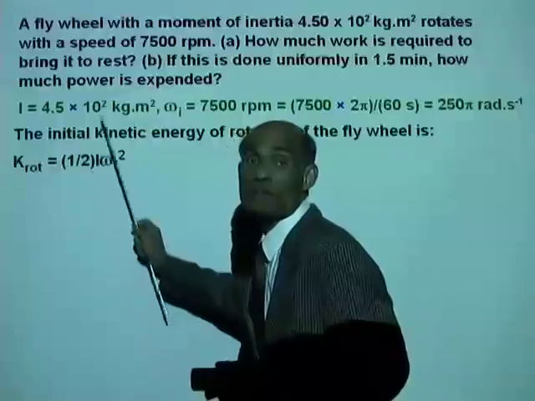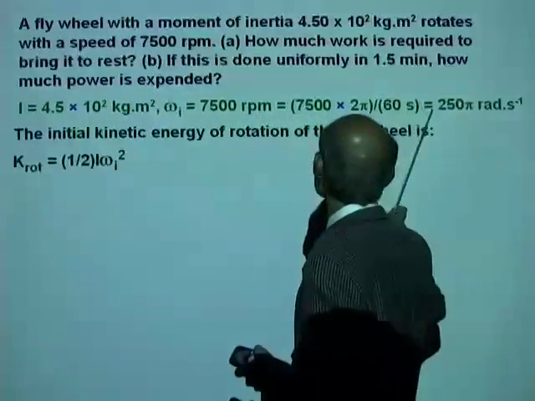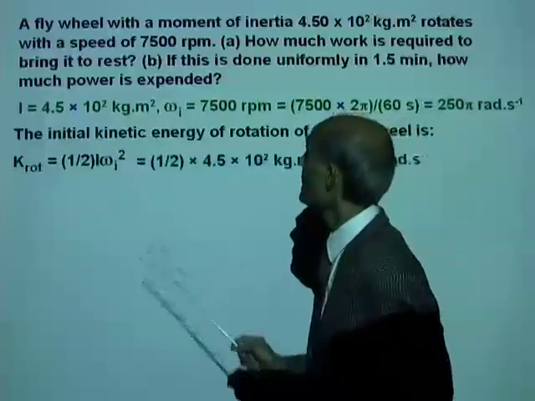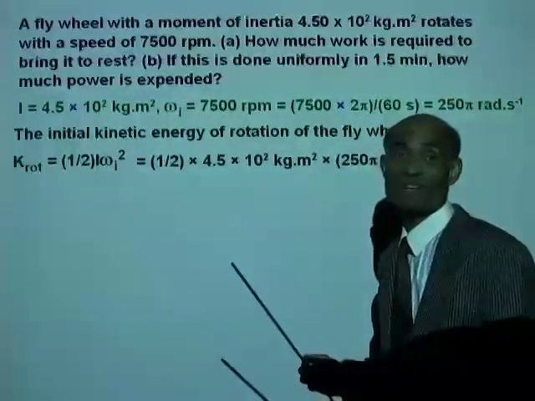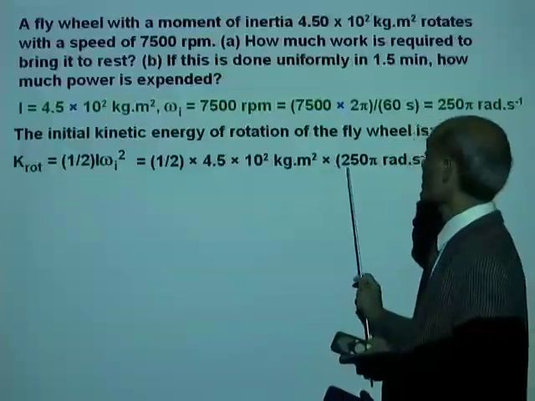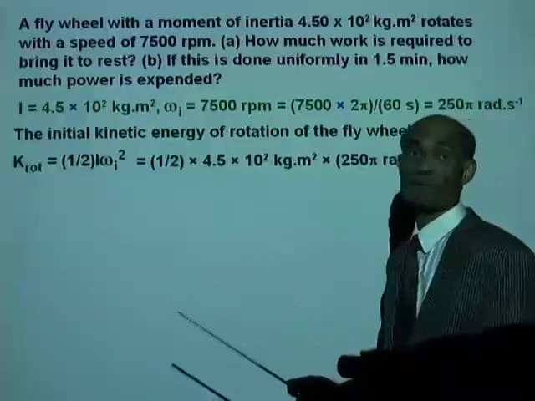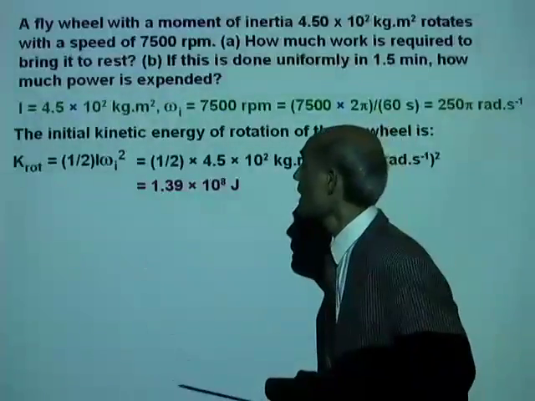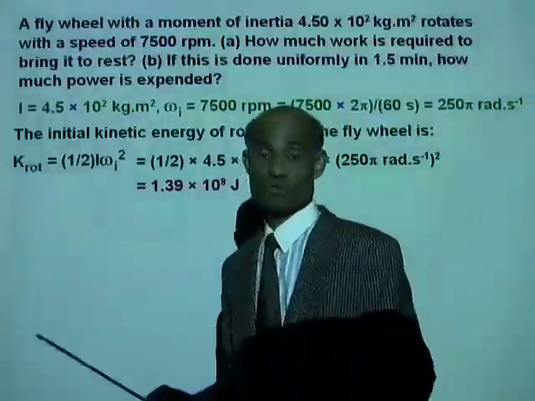We know I, the moment of inertia. We know omega I, that is 250 pi, and that will be 1/2 times 4.5 times 10 to the power of 2 times 250 pi all squared. And that gives 1.39 times 10 to the 8 joules.